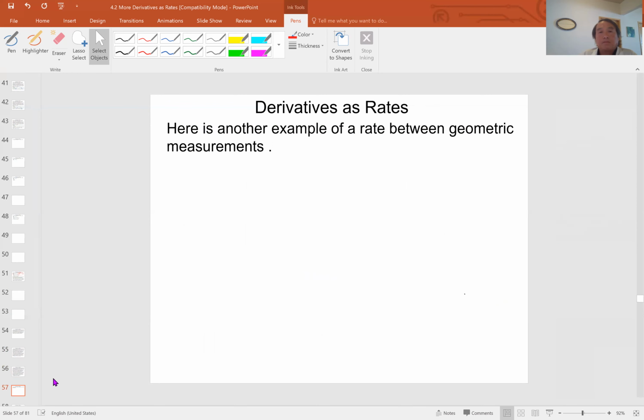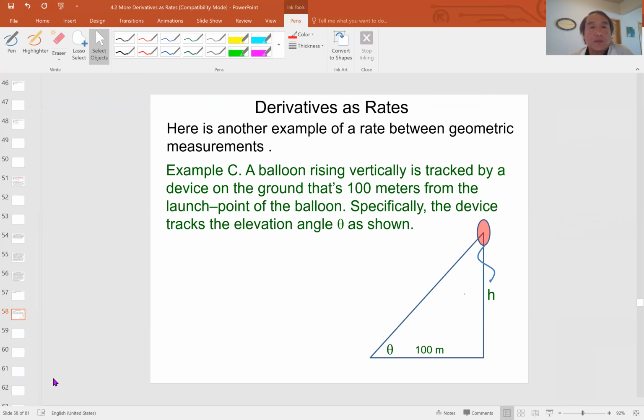Okay, interesting. Here's another related rate between geometrical measurements. This one is the rate of change between distance versus angle. Again, we demonstrate this rate of change could be any units against any other units, as long as it makes sense.